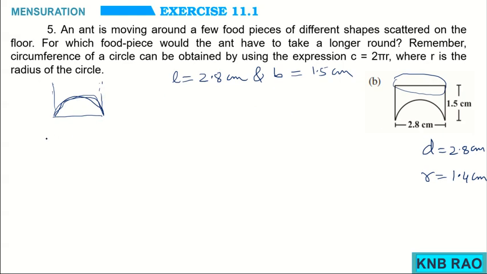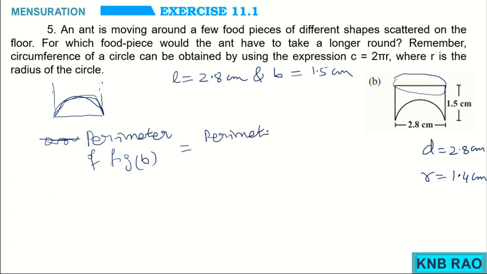So here, sorry, the perimeter of figure B is the perimeter of figure A. To that I have to add this 1.5 for 2 times, correct.